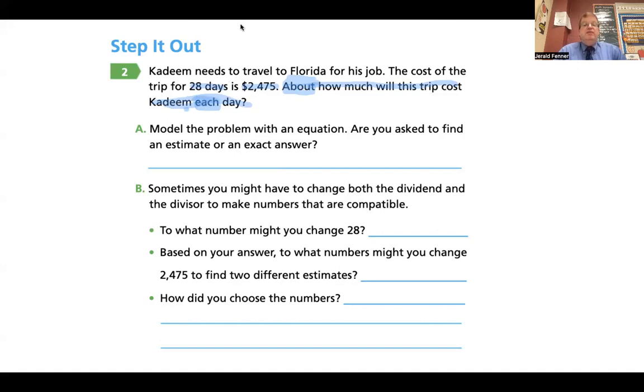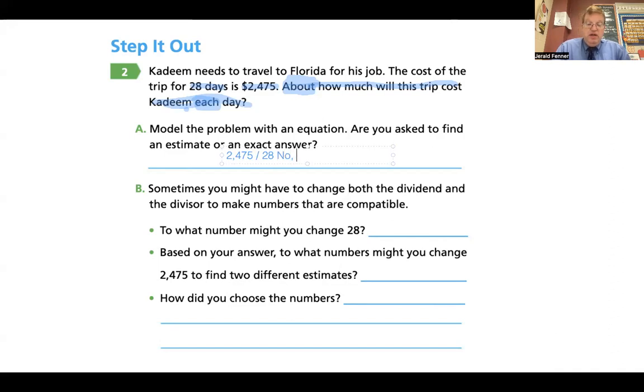Okay, so if you model this problem, it would be 2,475. I'm going to use a slash mark for division, divided by 28. Do I need to find the exact answer?